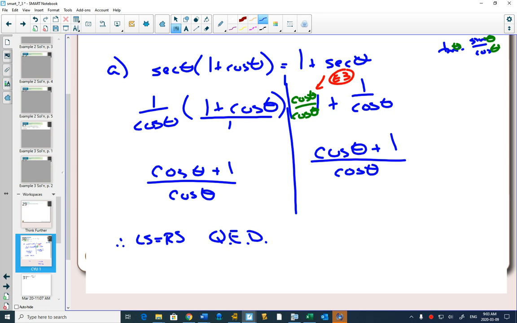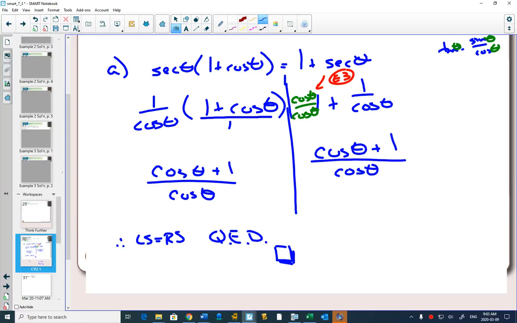And we're done. So that strategy, changing things to sine and cos, can make things very quick.